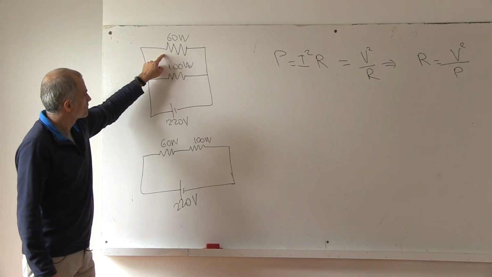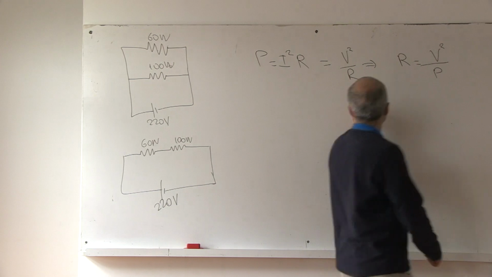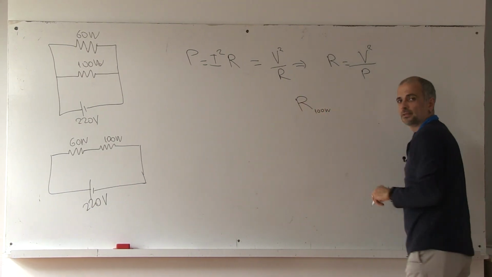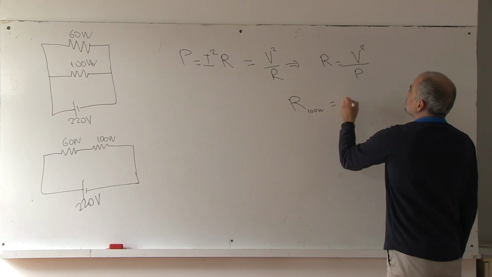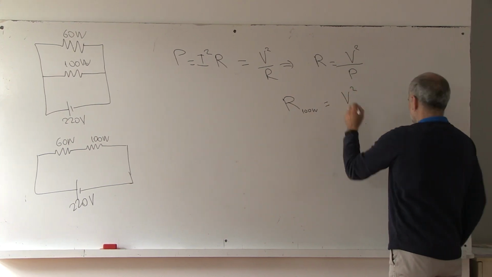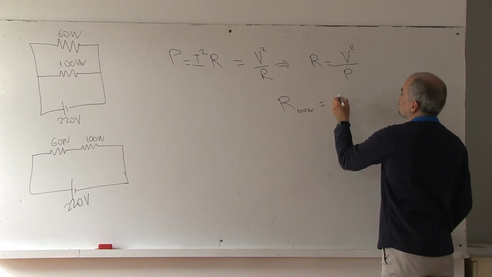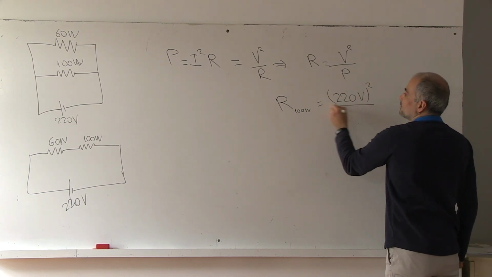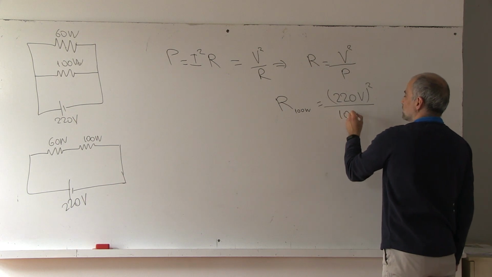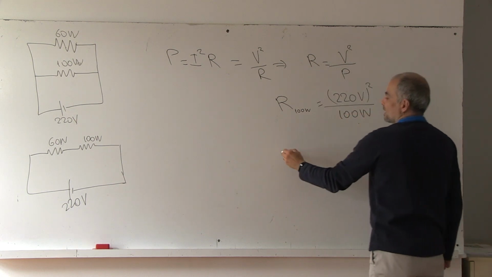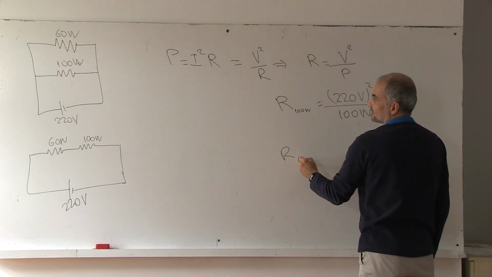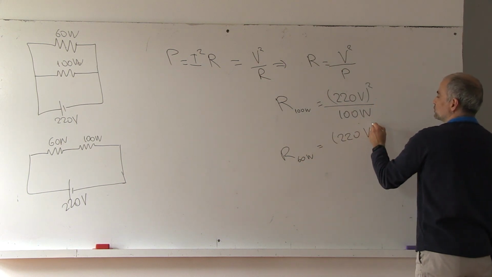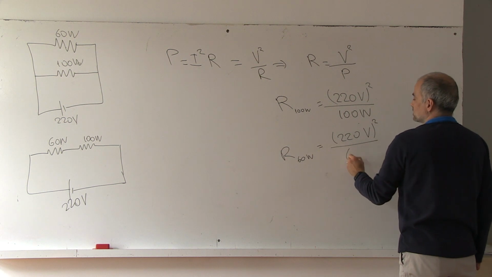The resistance of the 100 watt lamp is the voltage squared. In this example, in Turkey, it is 220 volts squared divided by the power, 100 watts. And the resistance of the 60 watt lamp is 220 volts squared divided by 60 watts.